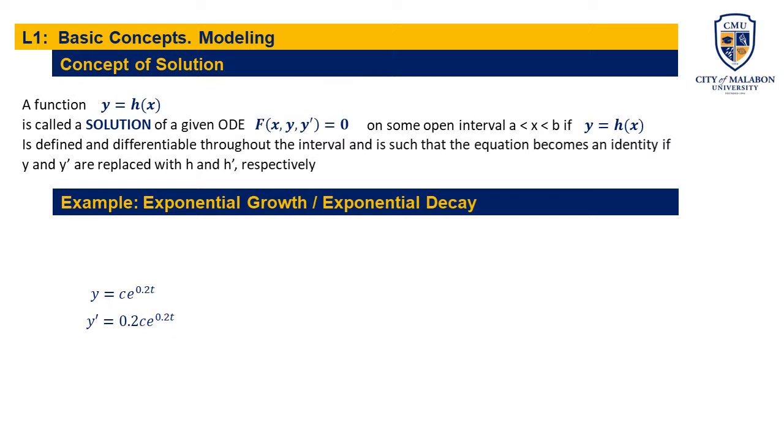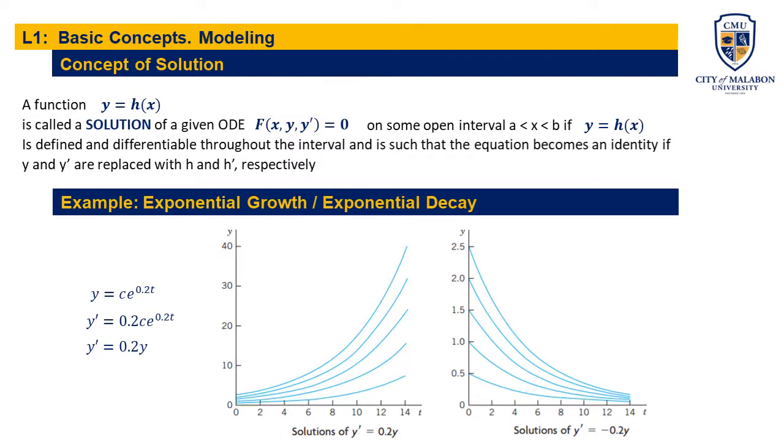So if we replace it by y, we will then have y prime is equal to 0.2y as our differential equation. Therefore we can say that y is equal to c e to the 0.2 t is a solution to the differential equation y prime is equal to 0.2y.